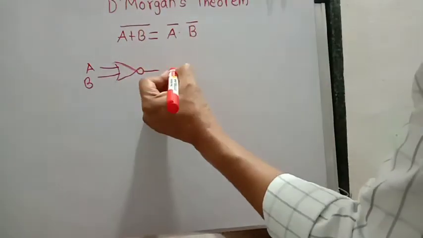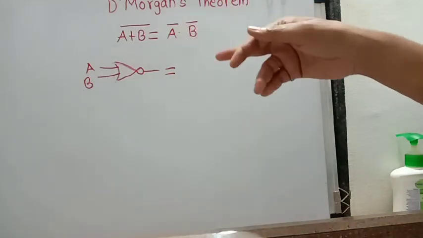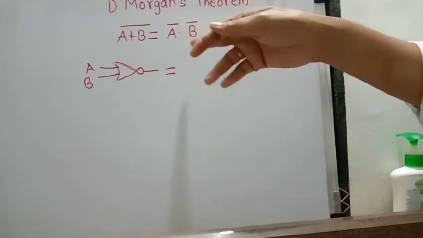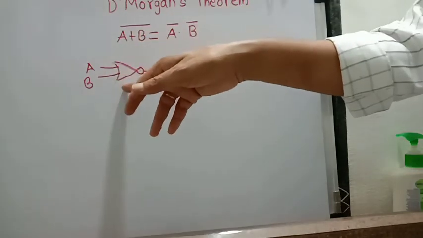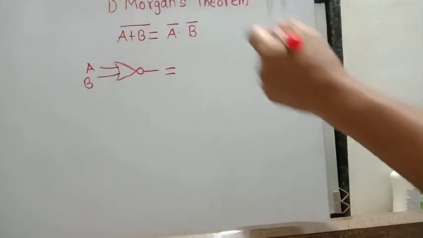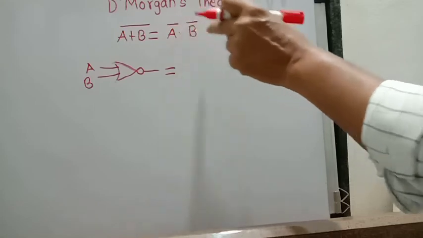The RHS is equal to A bar dot B bar. LHS is a NOR gate, and RHS is equal to A bar dot B bar.